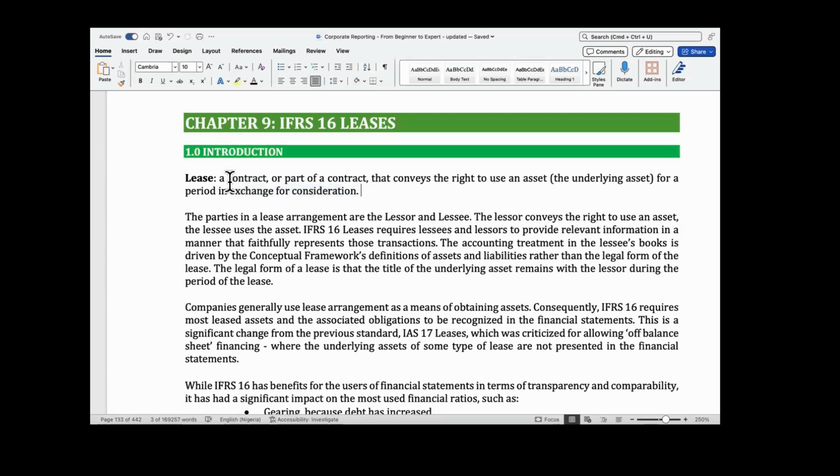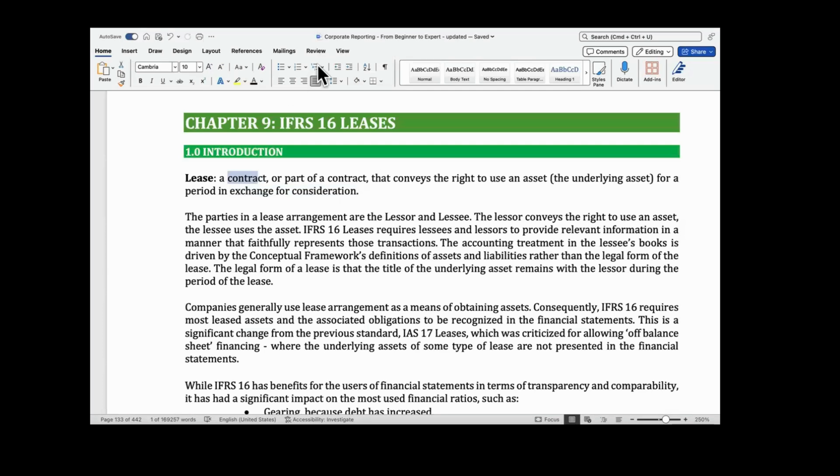So a lease is a contract, which means that before we can say that a transaction is a lease, there has to be a contract. A contract must exist. That's the first most important thing.